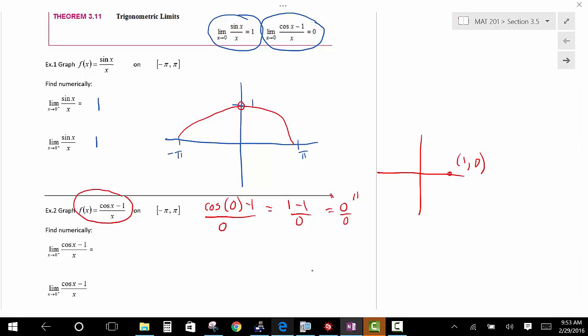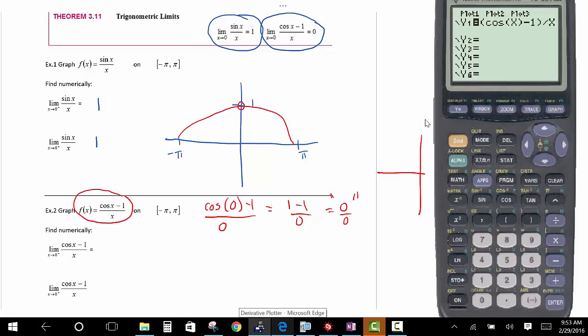Okay, so now if I pull up my graph and put this in, and just use the same scale on this, and if you type graph, let's see kind of what this graph looks like. Okay. Now remember, what we're doing on this one is we're looking at the limit as x goes to 0 again.